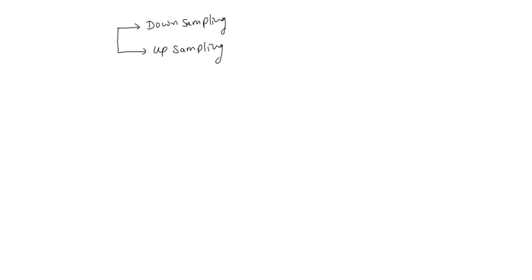Sometimes we call downsampling decimation, but both are not the same. There is a slight change: in decimation we have to incorporate a filter along with the downsampler, and likewise we have the interpolator. In the interpolator also we have to incorporate some filter, right? You will see what kind of filter it should be.